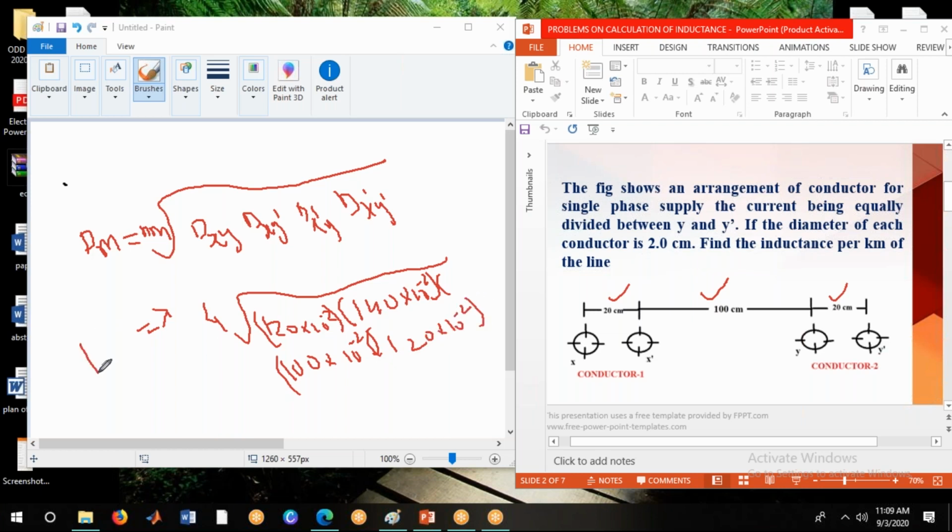Now find the value of dm, the mutual geometric mean distance. I need the answer in meters.